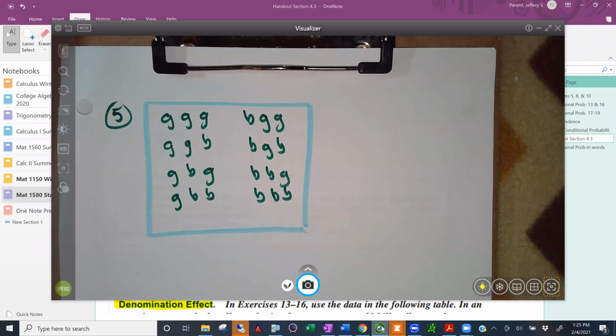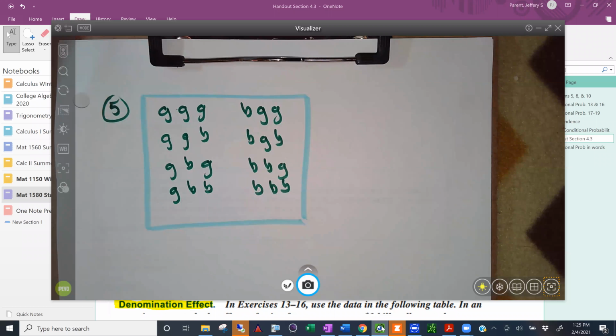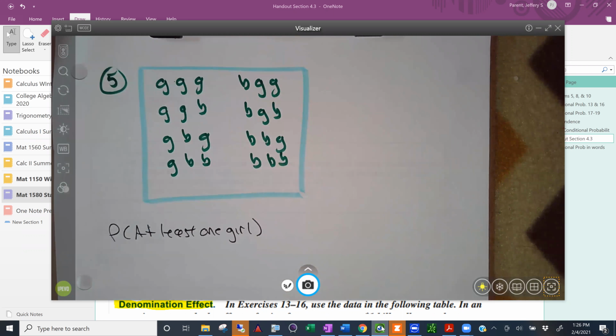Now, the problem itself asks you for the probability of at least one girl. And I want to help you wrap your head around that and start thinking of the complementation rule. When you see the words at least one girl, you should start thinking of the complementation rule. Because let's look at all the different events that would make up the probability of at least one girl.